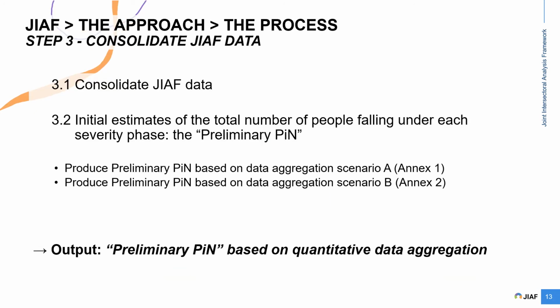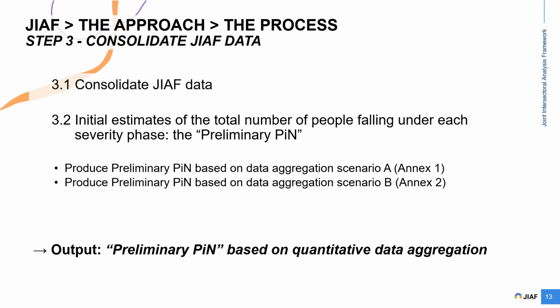Once you've identified which scenario you're going to use to consolidate your data, you go into step 3 and actually consolidate the JIAF data. This will yield the first estimates of a total number of people falling under each severity phase and gives you what we call the preliminary PIN.